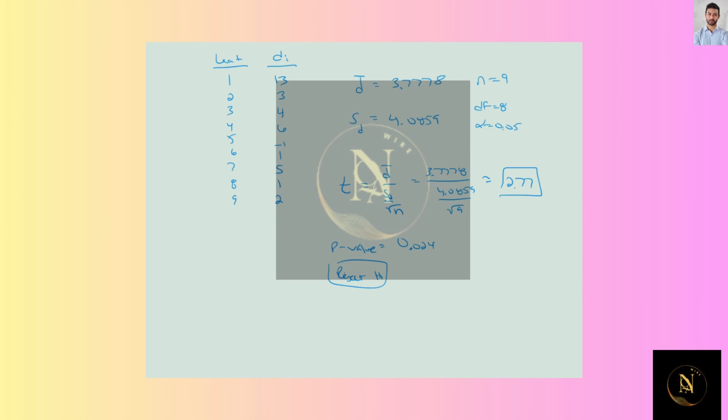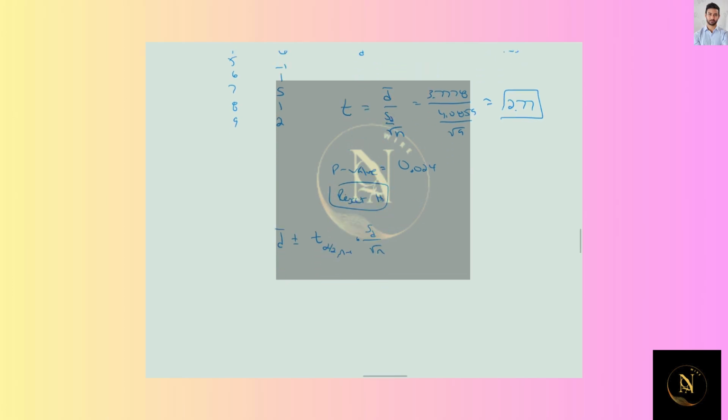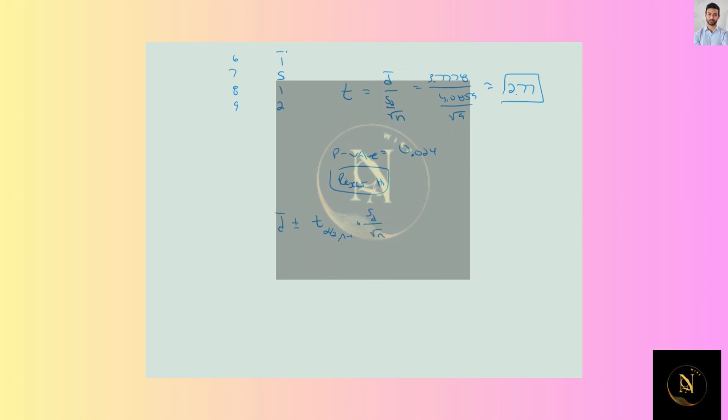The 95% confidence interval would be the mean of our differences plus or minus, for 95% and 8 degrees of freedom, the critical t times the standard deviation of the differences over the square root of the sample size.